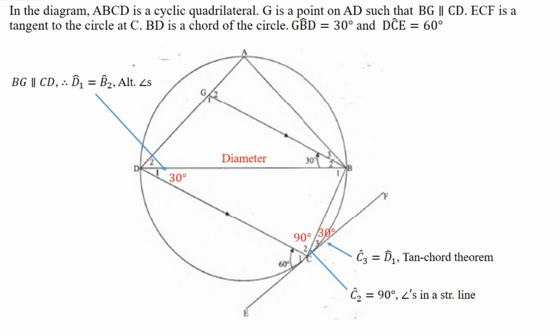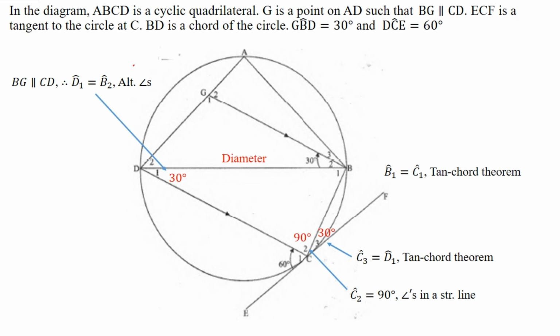We can say now angle C2 is an angle in the semicircle. So we say BD is a diameter because BD subtends an angle of 90 degrees at the circle. So now we know that BD is not just a chord but is a diameter.